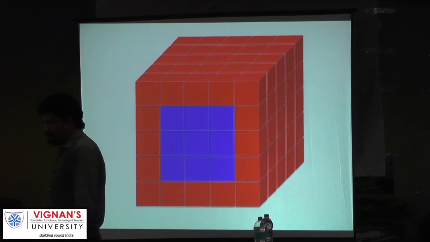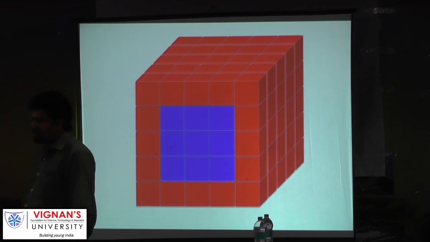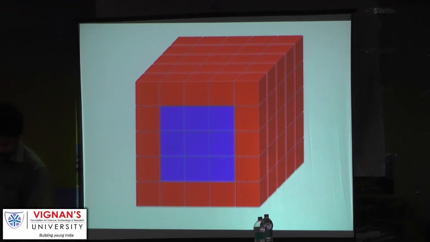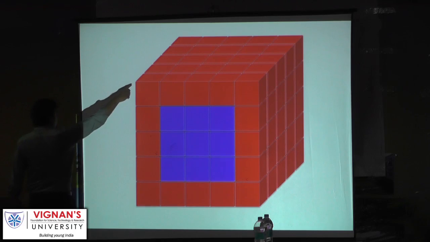Now you understand, right? How many such faces does a cube have? 6 faces. On each face how many are there? So 9 into 6. So how to generalize it? Suppose there are n cubes along the edge. How many are we excluding here in each dimension? Instead of 5, if you think this is n, from here to here there are n cubes.